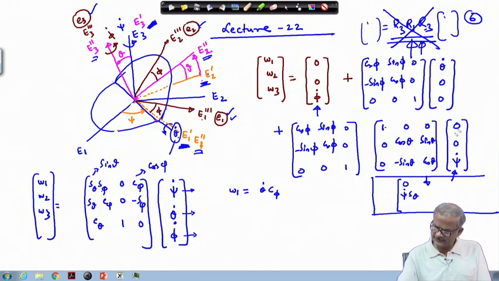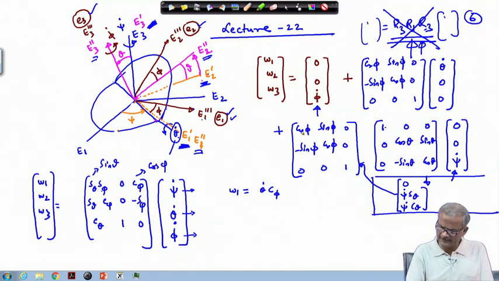And from here this is 0 0 and this is psi dot C theta, and this has to be operated by this. So, once we operate it, cos phi this will be 0 and the other term will be sin phi times psi dot plus psi dot S theta times S phi, and the third term will be 0 because this is 0 here.